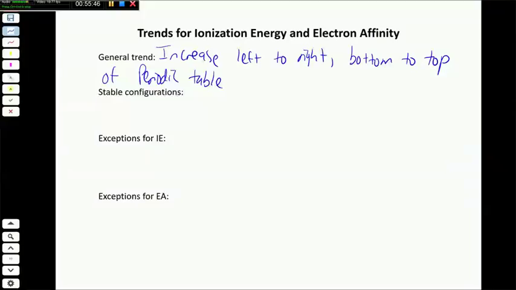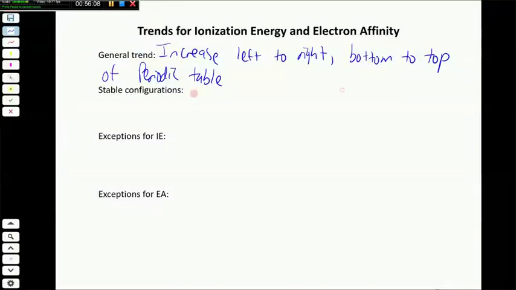To understand where these exceptions occur, we have to think about what the stable electron configurations are, because both of these properties refer to either losing electrons, if we're talking about ionization energy, or gaining electrons, if we're talking about electron affinity. So if you have a stable electron configuration, you're not going to want to add or subtract electrons from that. The stable configurations we should be familiar with start with a completely filled s subshell, the second column of the periodic table, where you have an ns2 valence configuration.